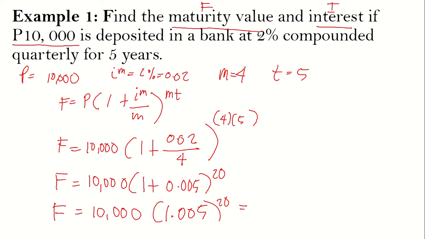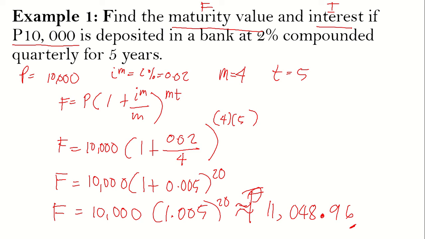You can substitute this to your calculator, and this is equal to 11,048.96. Approximately 11,048.96 pesos. Round off to the nearest hundredths or 2 decimal places, since this is in peso.